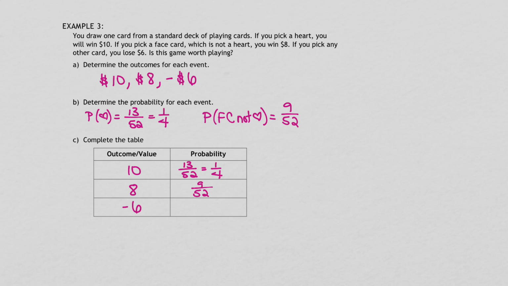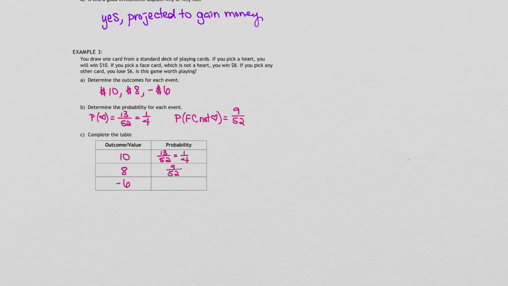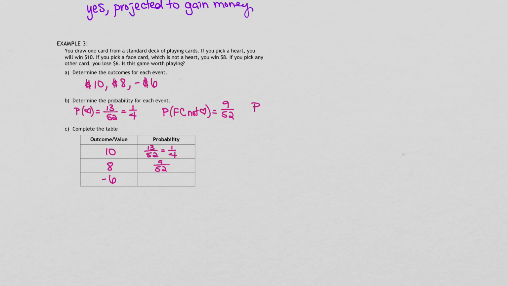And then all the other ones, we could try to figure that out, but the easiest way would be to say, well, it'd be 1 minus the probability of the hearts minus the probability of the face cards that aren't hearts, right? We just subtract all those.